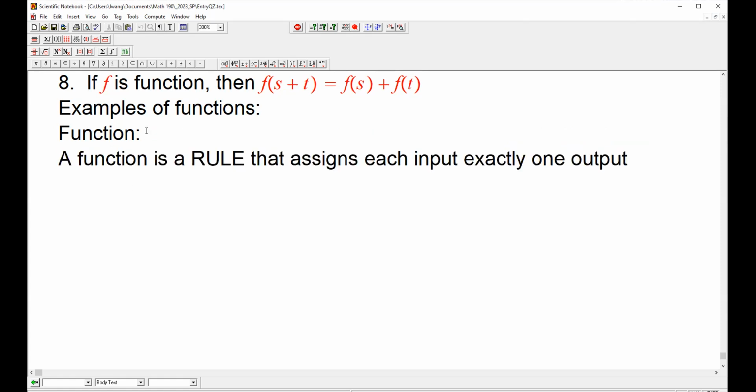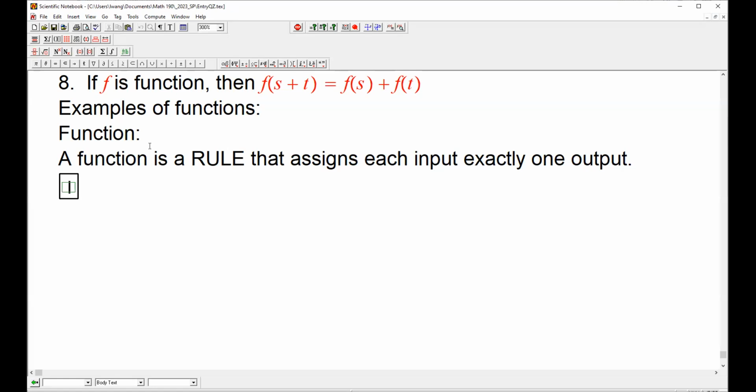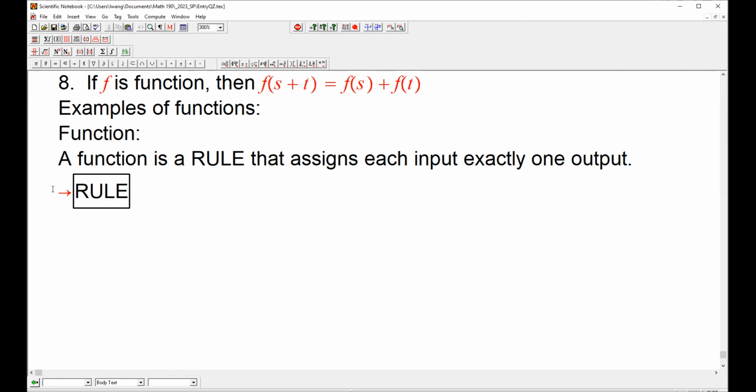Let me put them in one row. We have this rule, and this rule takes the input and produces output.